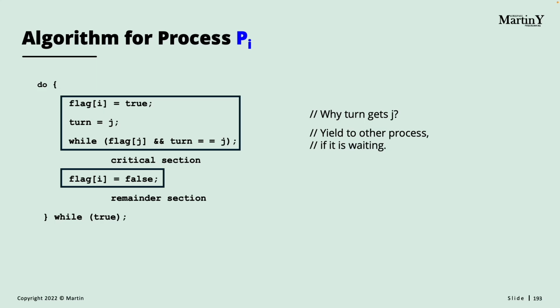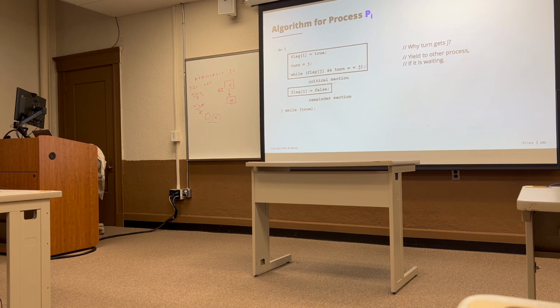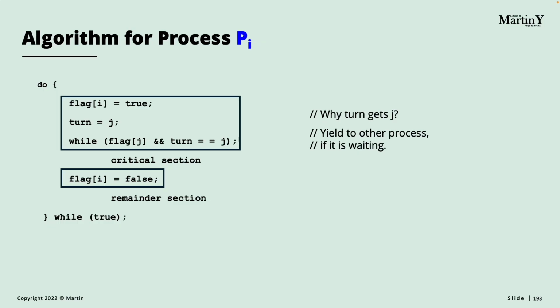So it's going to loop while this process goes to a critical section. Then if you can see, at the end of the critical section, the process will do flag i equals false. So now it will make flag j equal to false. The while loop in j will break, correct? It's done. Yes. And now j will go through the critical section.